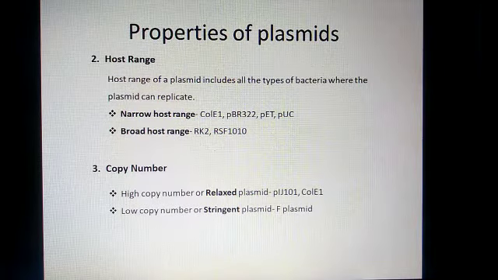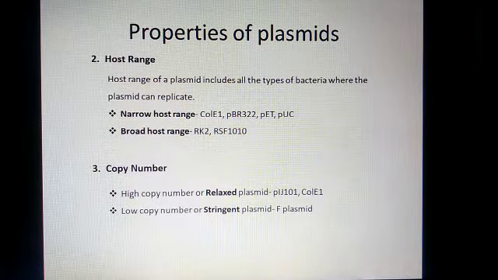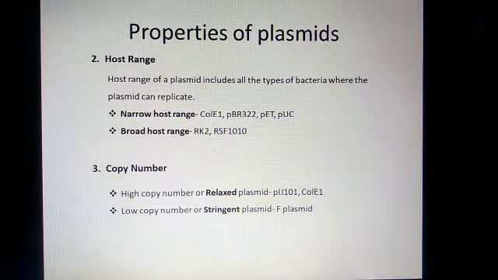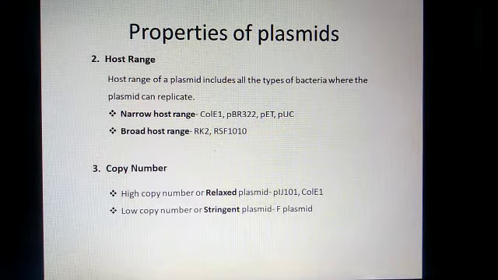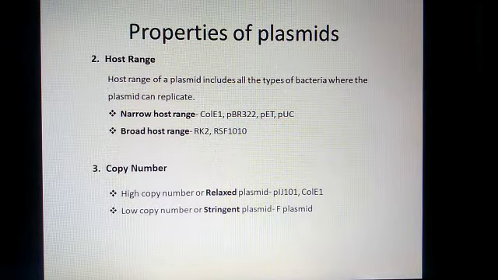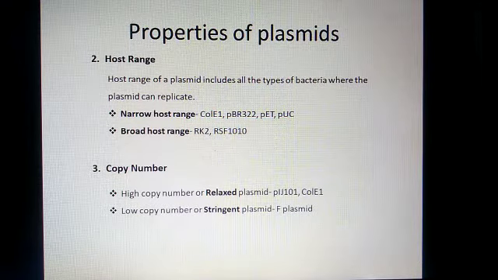Another characteristic feature of plasmids is their copy number. Copy number is the average number of that particular plasmid per cell. More precisely, we define the copy number as the number of copies of the plasmid in a newborn cell immediately after cell division. Some plasmids such as pIJ101 replicate enough times to populate the cell with hundreds of copies.